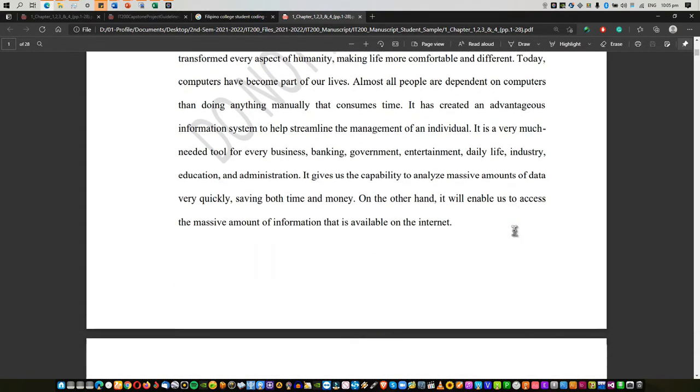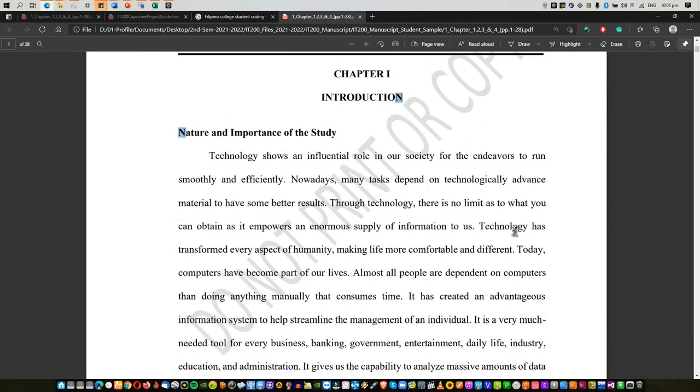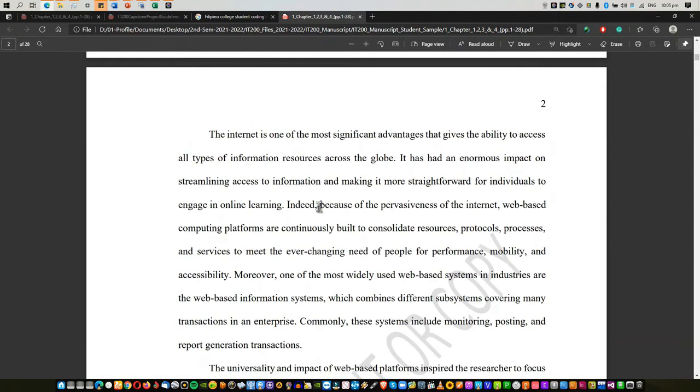Nature and importance of the study is like an inverted pyramid, wherein you start with a bigger topic. For example, you begin with technology, and then the importance of technology.